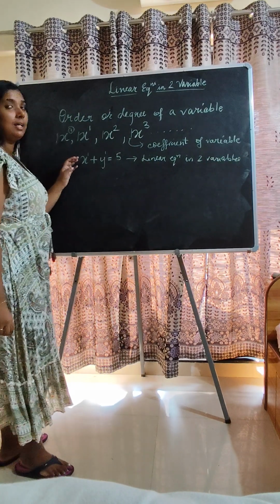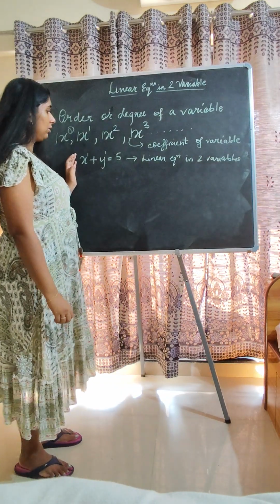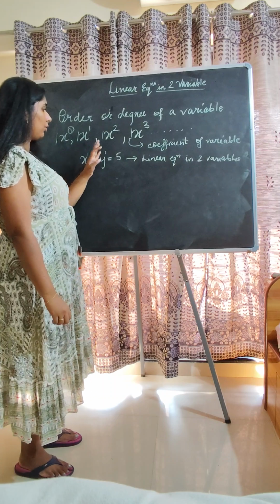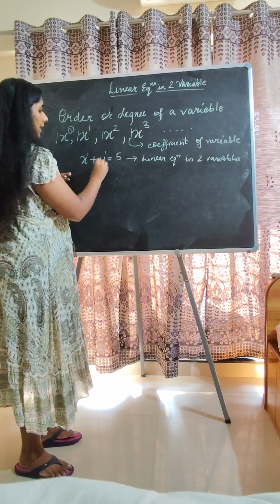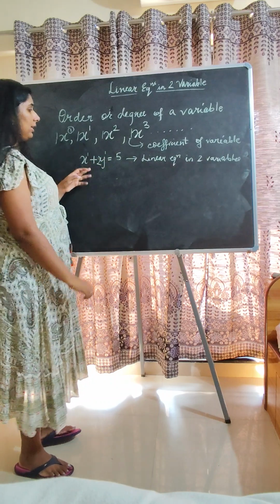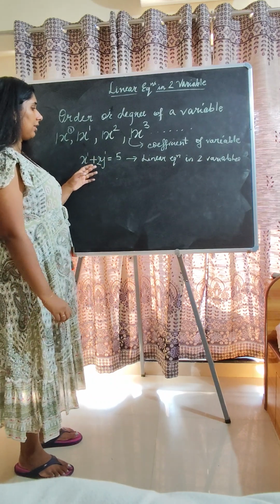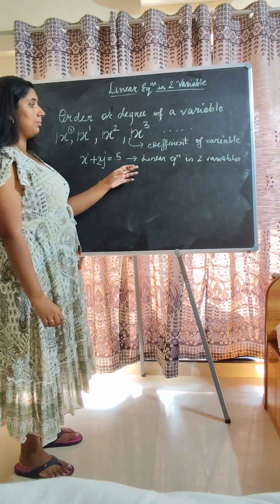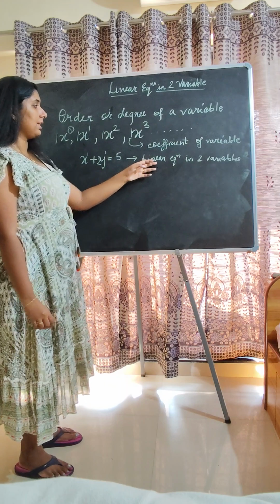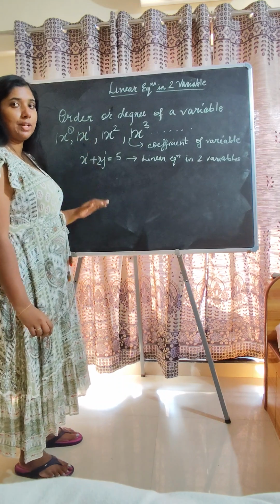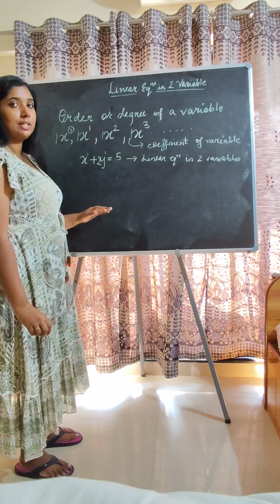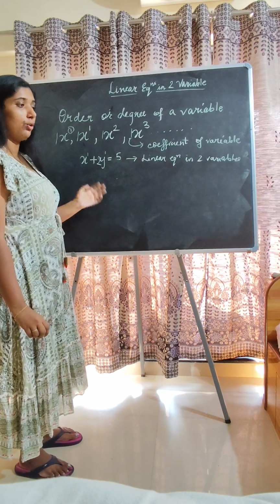Now, in a linear equation, the powers or the orders of the variable will be 1. The coefficient can be anything, 2, 3, 4, 5, 6, 100, 200, but it will be called a linear equation in two variables. So now I will give you some examples to see whether they are linear or not linear.